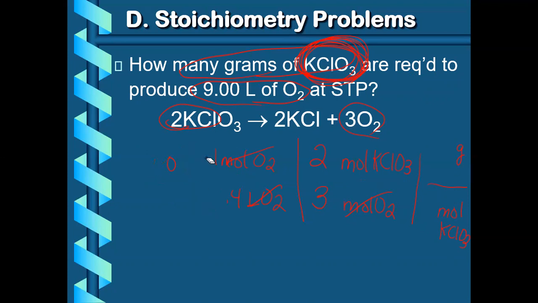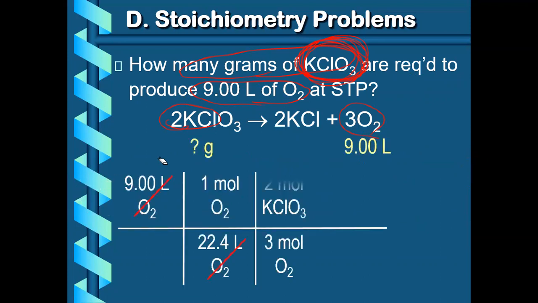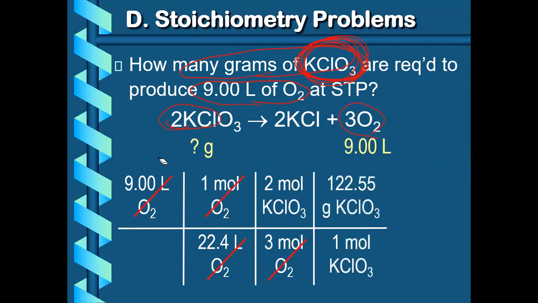And I don't have a periodic table in front of me, so I'm going to depend on my PowerPoint to tell me what the answer should be. Okay, so that's what we had. 122.55 units of moles of KClO3 cancels out. Now my unit that's left is grams of KClO3. That's what I want my answer to be in, so I know that I've set my work up correct.